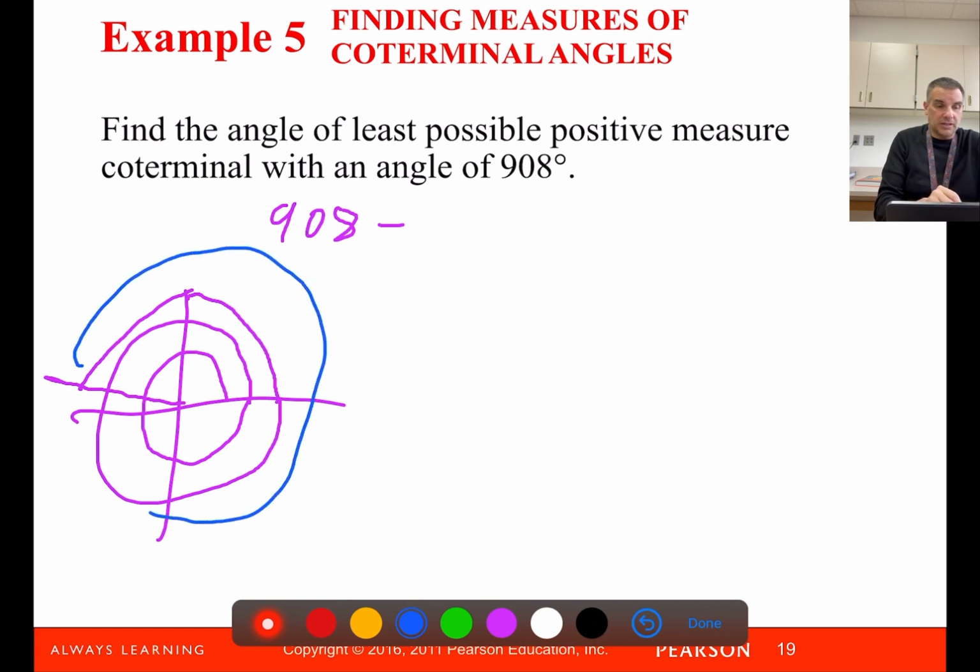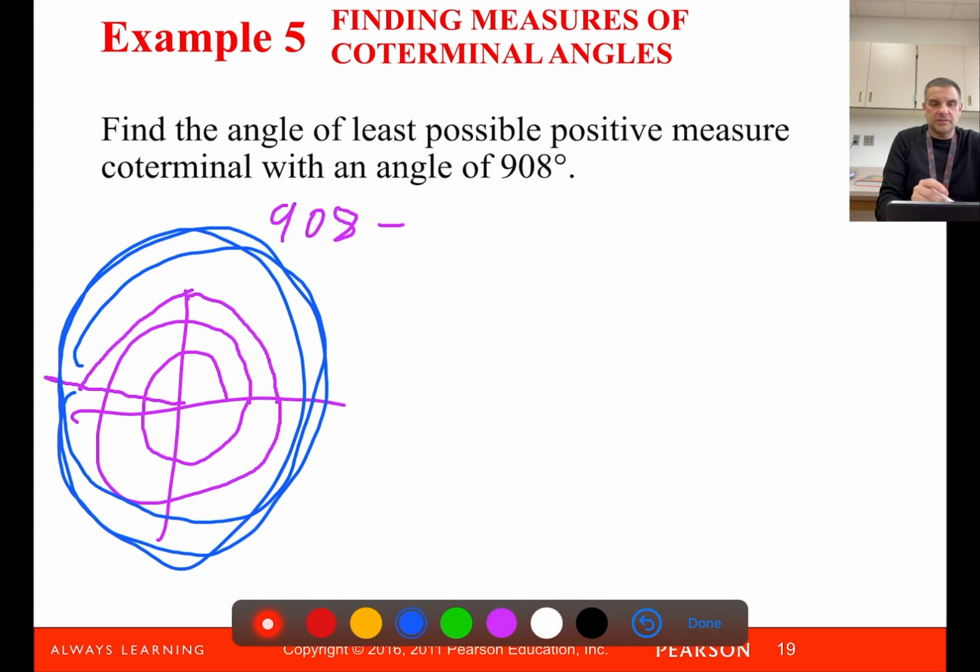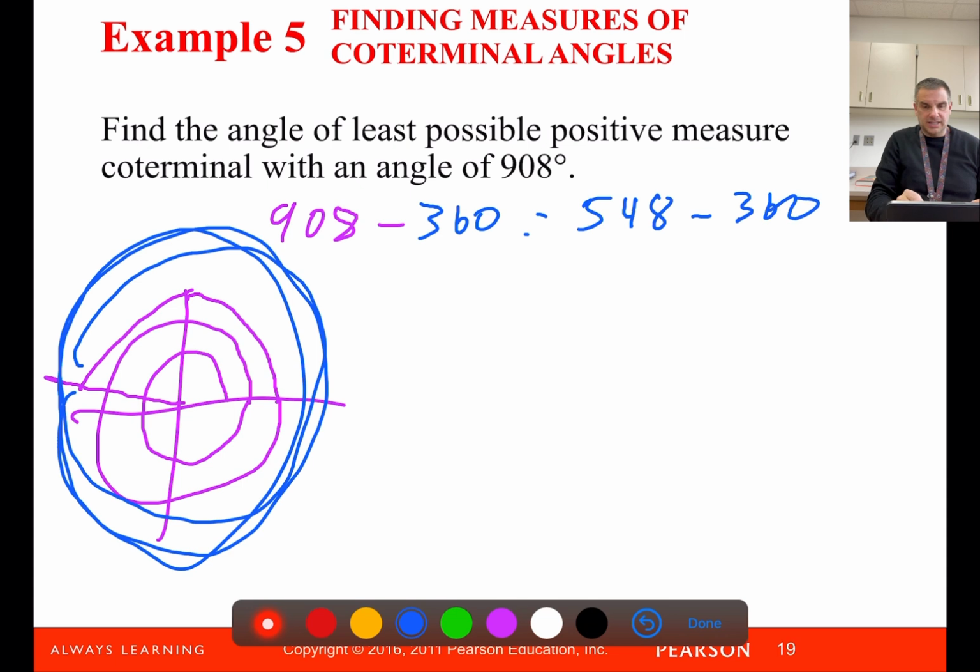Now for the coterminal angle, I've got to get it to be less, so I'm going the opposite direction, subtracting 360. 908 minus 360 gives 548, and I haven't hit between 0 and 360 yet, so I subtract another 360 and get 188 degrees.